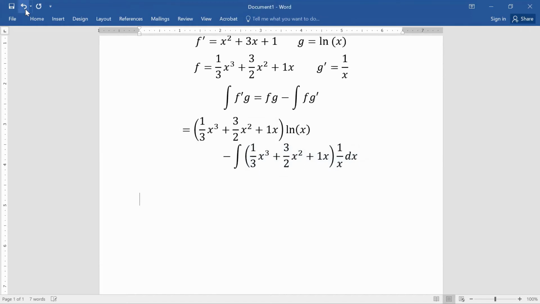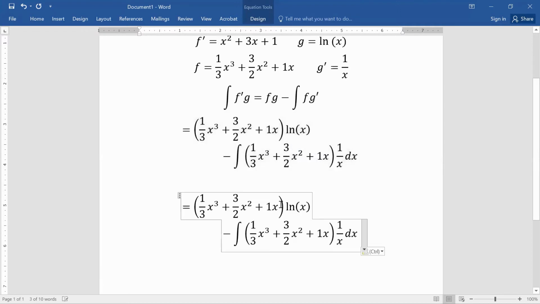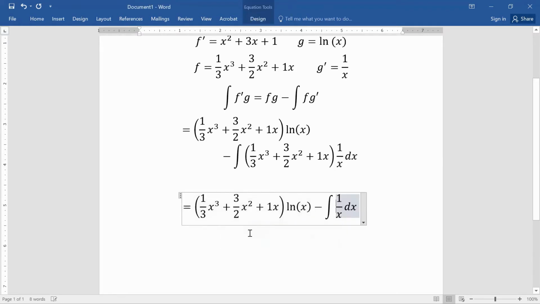In particular, what I can do is take this expression and distribute the 1 over x into the polynomial in here. I'm not integrating yet.